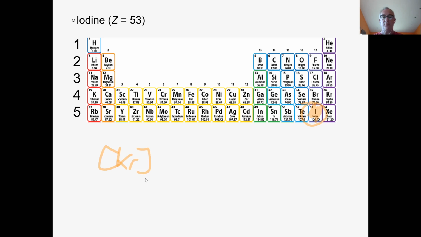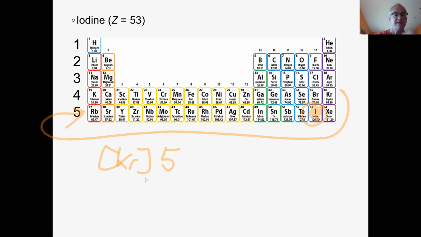And then from krypton, we go over to 37, that's rubidium, and we just add electrons. So that's the fifth period. So that's 5, and this is the s block, right? 5s2. And then we have, what's this block here, as we go from 39 to 48? 4d.